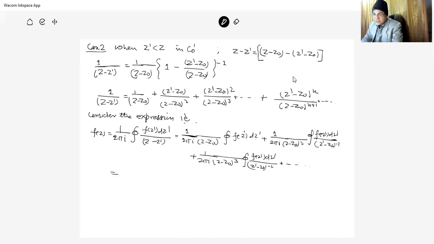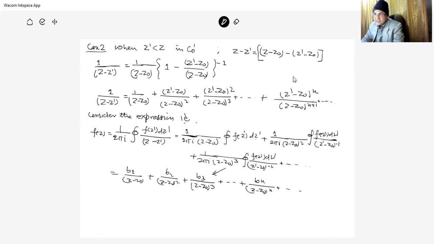So this is nothing but b1 upon z minus z0 plus b2 upon (z minus z0) square plus b3 upon (z minus z0) cube plus and so on, plus Bn upon (z minus z0) to the power n.